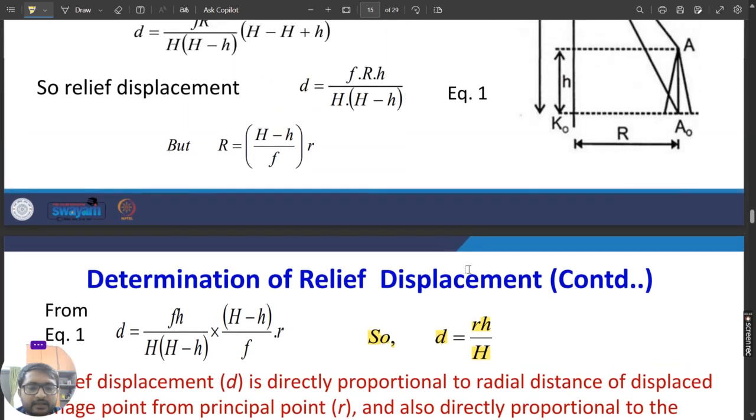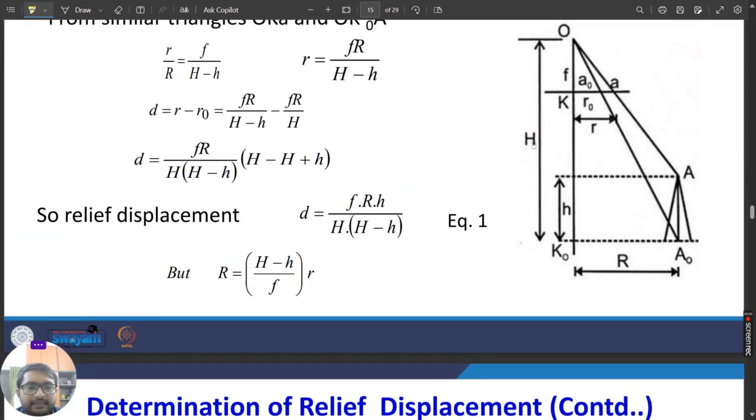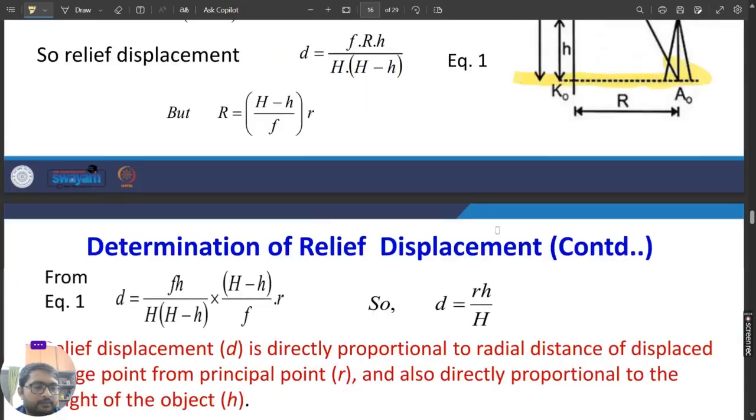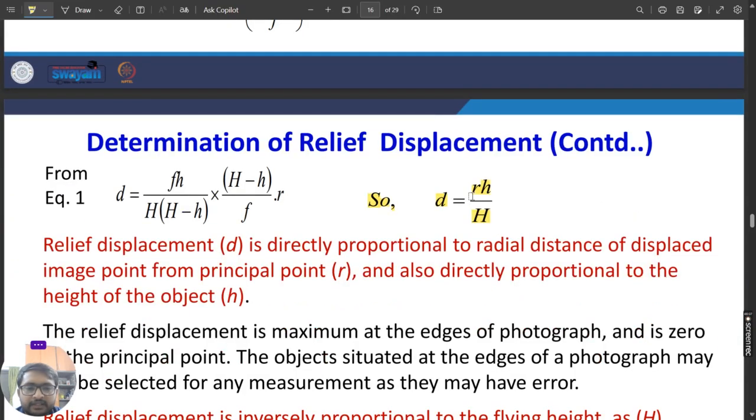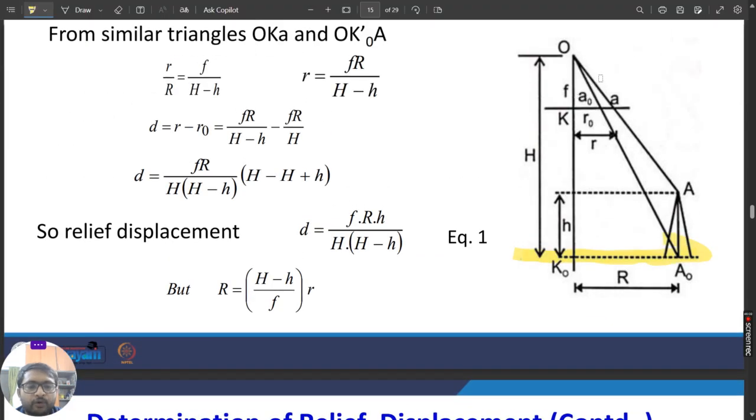Here you can see that capital H is the height of the flying aircraft from the terrain. So this is your terrain. It is not from the mean sea level, it is from the terrain. Then small r is the radial distance of the top of the tower, from the principal point to the top, which you are getting over here.